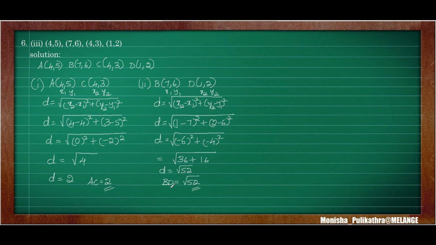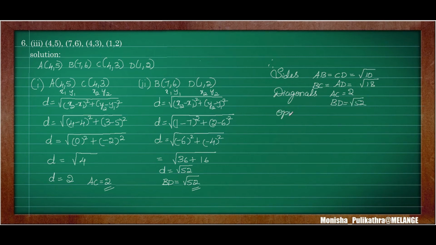Okay, here the diagonals are different. Therefore the value of sides AB is equal to CD, that is root 10, and the value for BC is equal to AD, that is root 18, whereas the diagonals AC is equal to 2 and BD is equal to root 52.